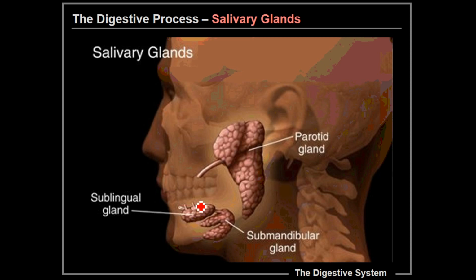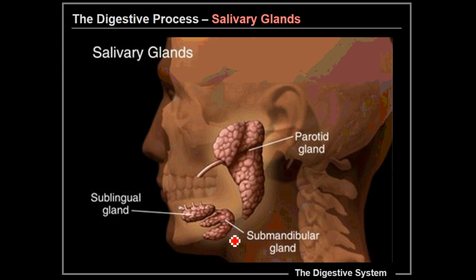The sublingual is under the tongue. Sub meaning under. Lingual is in reference to the tongue because, when you speak language, it's called linguistics. So sublingual means under the tongue. Submandibular is in reference to the jaw or the mandible.